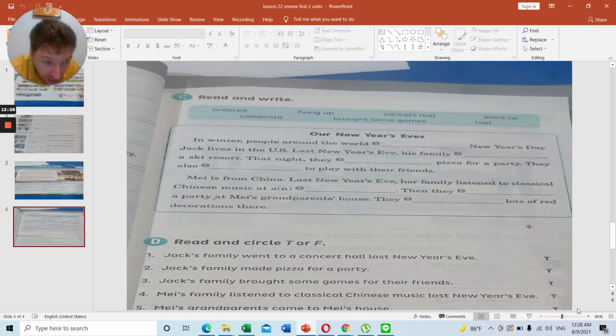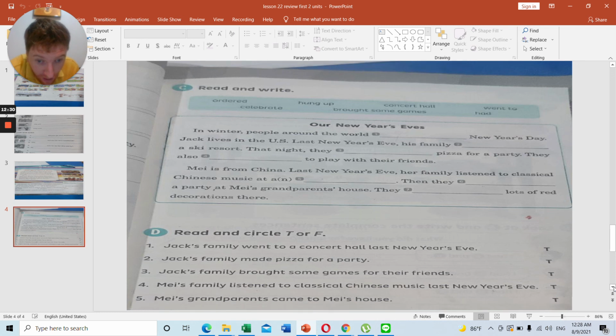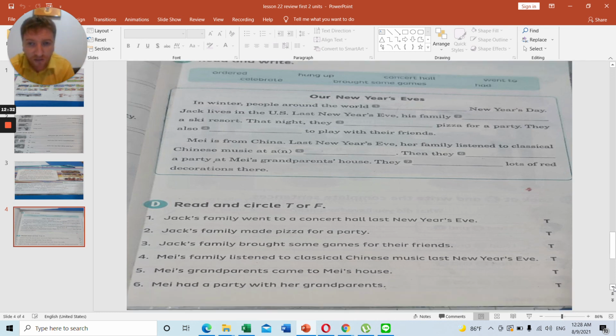When you're finished, you have the true or false. So true or false, Jack's family went to a concert hall. Did they go to a concert hall? Yes or no? Jack's family made pizza for a party. True or false? Jack's family brought some games for their friends. True or false? Mai's family listens to classical Chinese music.